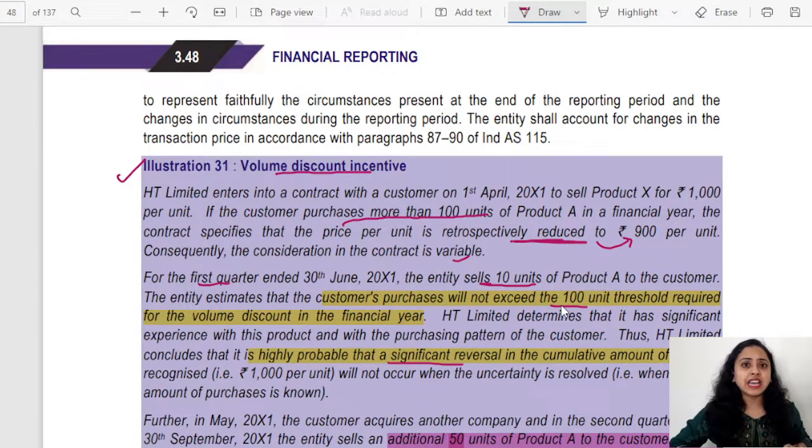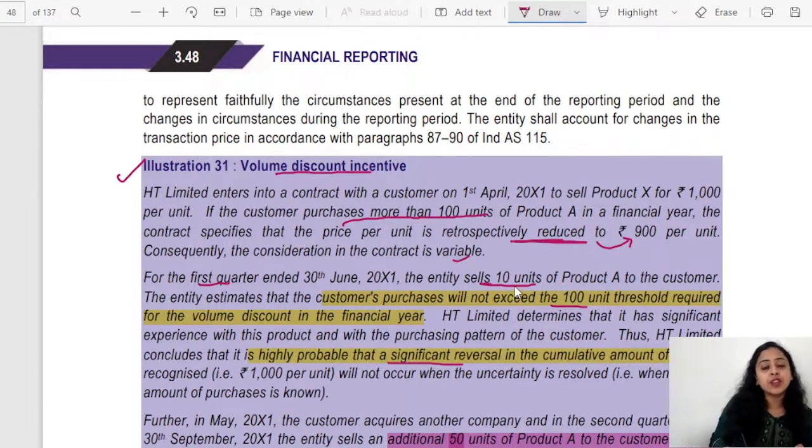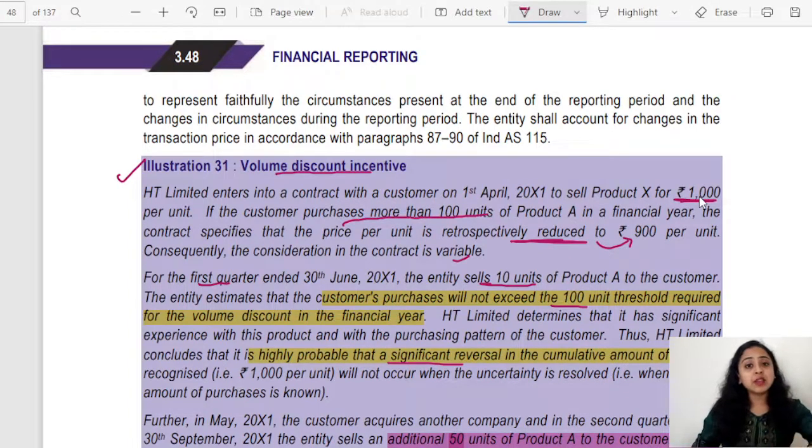So they are expecting that the whole financial year total sale will not at all exceed 100 units, and thereby they will not be in a position to get the benefit of reduction in price. So therefore they must record the revenue for the first quarter at rupees 1000, because there is no expectation of reduction in price.